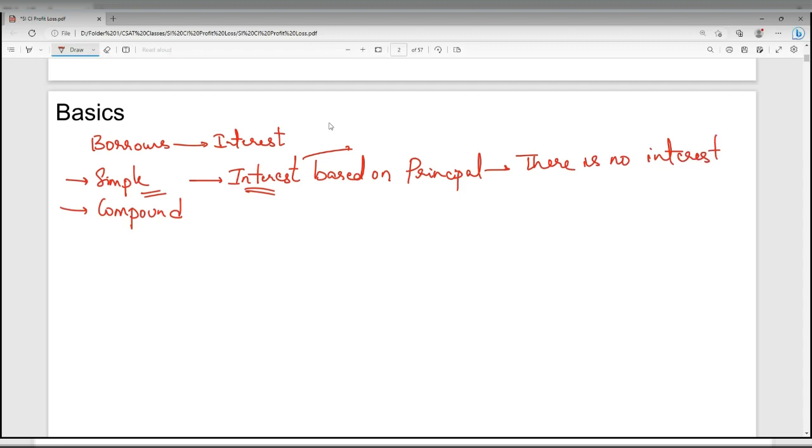So this is simple interest. In compound interest, there is an element of interest on interest.